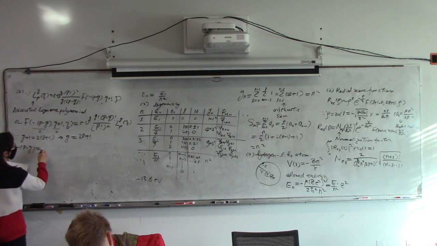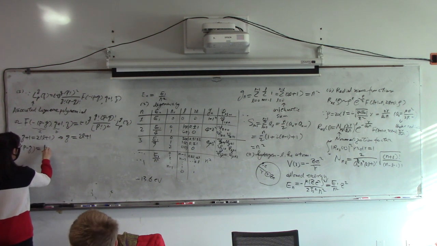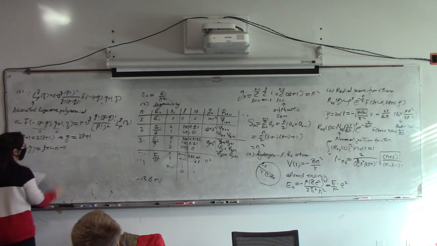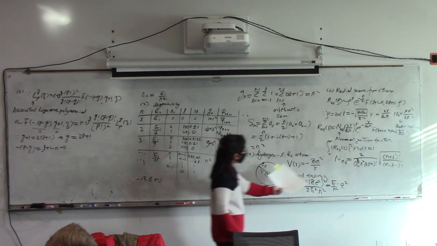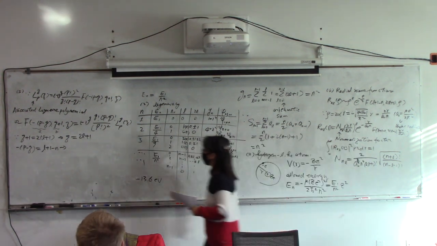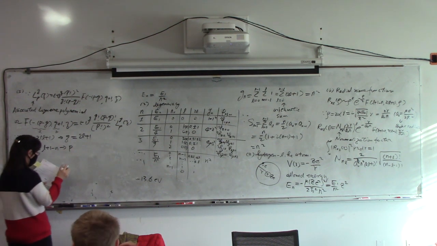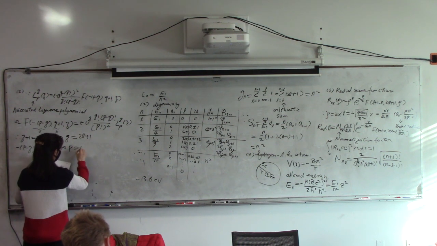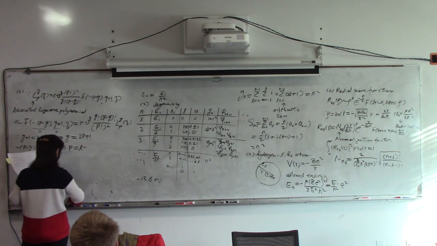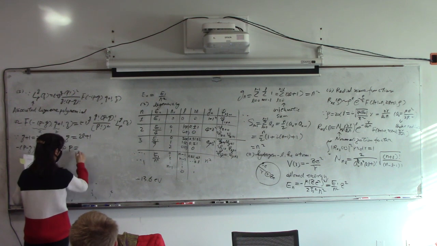A is L plus 1 minus N. That is A here. Then we substitute q equal to 2L plus 1 here. Finally, it's very simple, so I just give you the final result: L plus N.